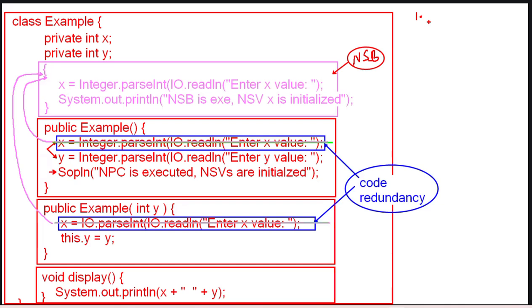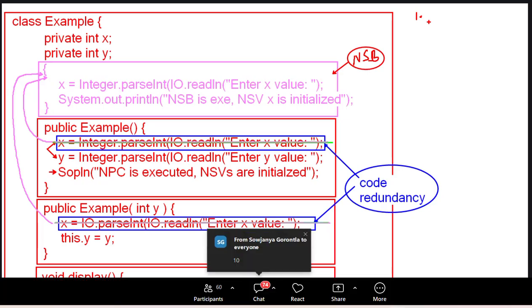When is a constructor executed, automatically or only when we call? Object creation time. Now think one step ahead. 10 times.